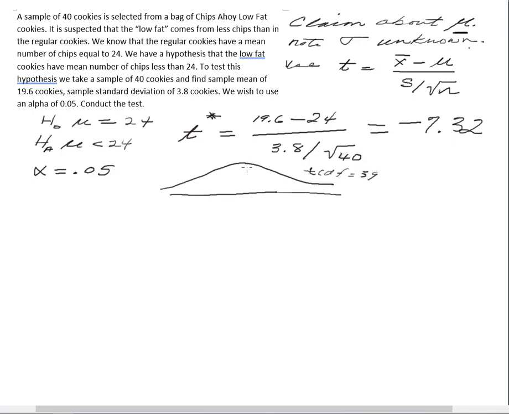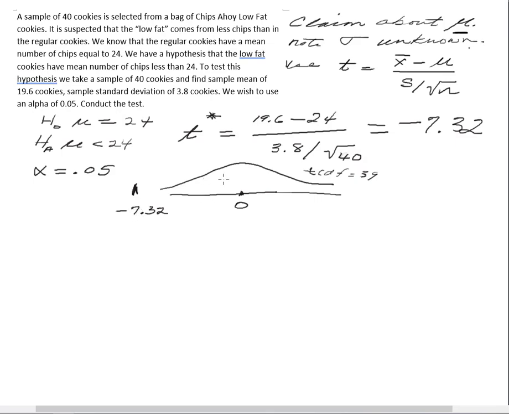The t is always centered on 0, and my observed value is negative 7.32, so my observed value is way down here. Now, how likely are we to get a value of t observed as far down as negative 7.32?